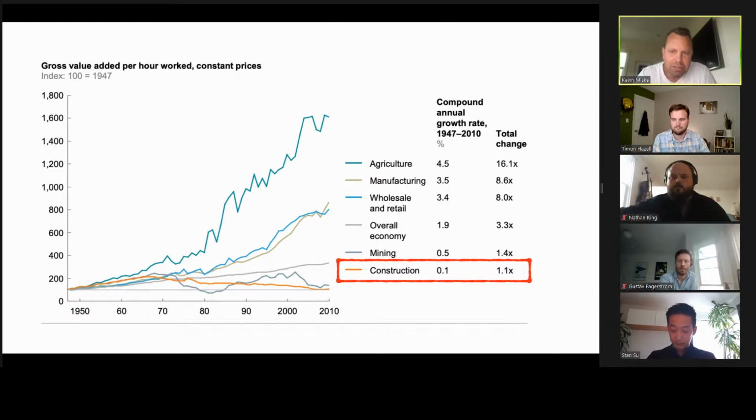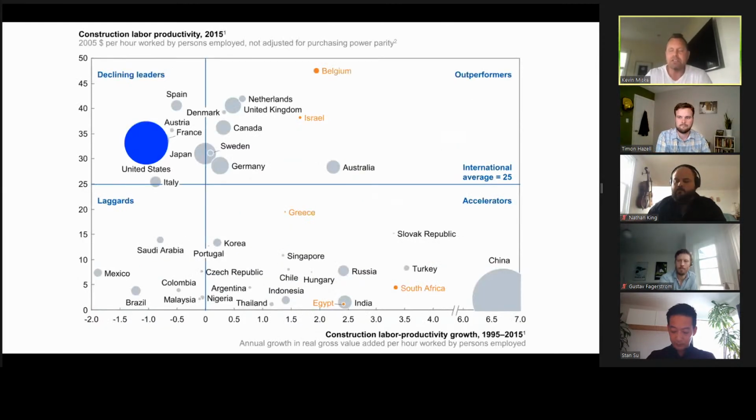And you look at construction productivity versus other economic sectors, and over the last 60 years, there's been 10% growth in productivity versus manufacturing, which has had 860% growth. So obviously, there's something about construction that is hindering our ability to increase productivity.